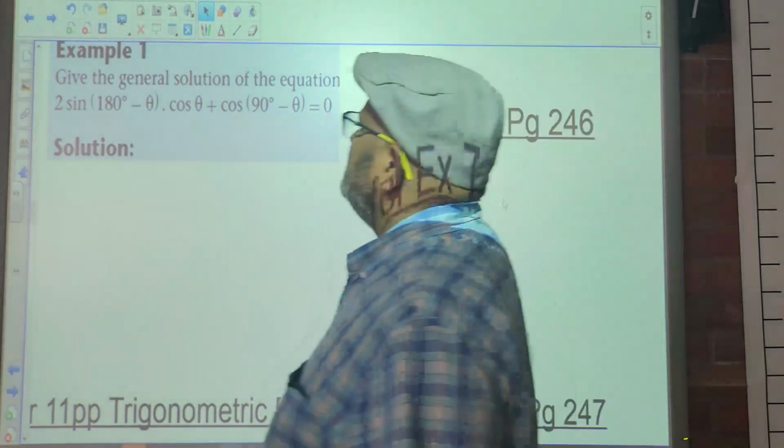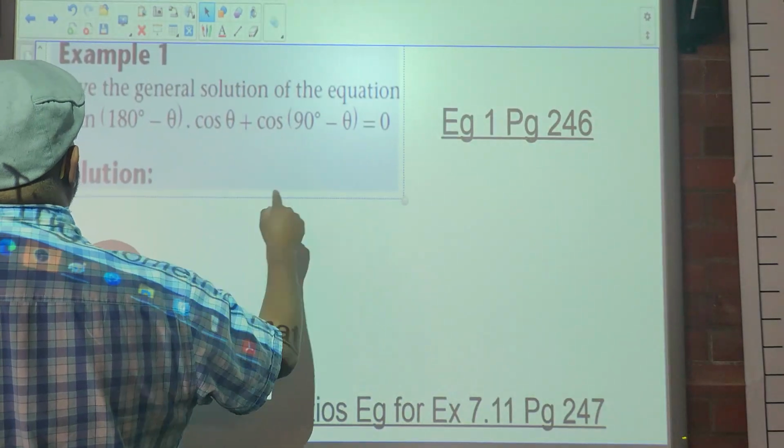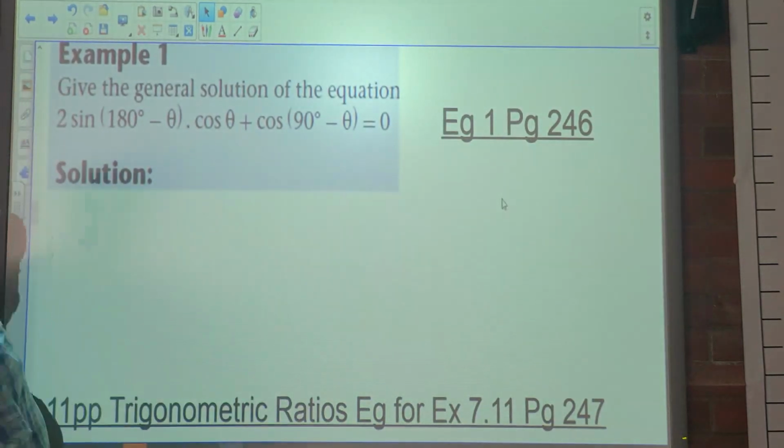Okay. So the question says, given the general solution of the equation 2 sine (180 minus theta) times cos theta plus cos (90 minus theta) is equal to 0. And where do I start here? I first have to use the reduction formula.